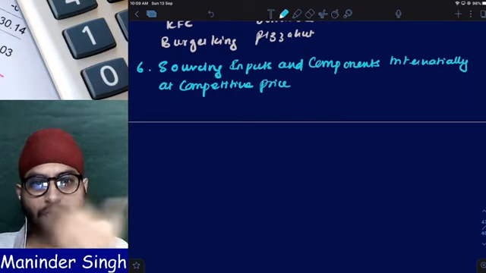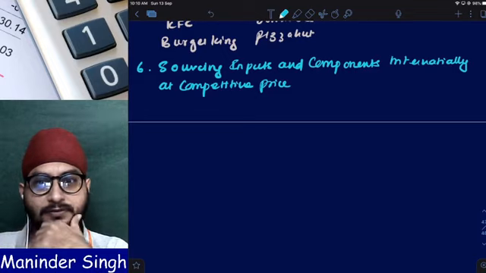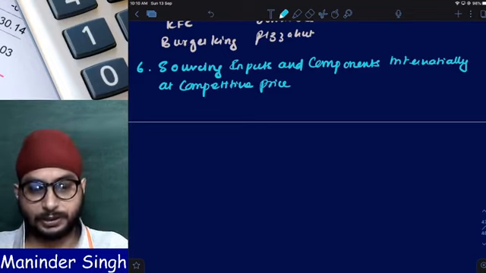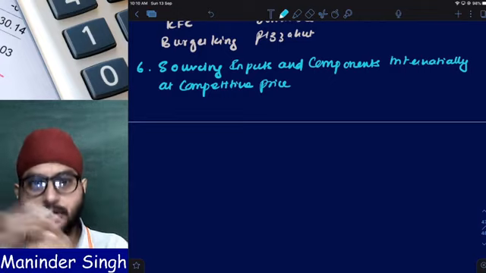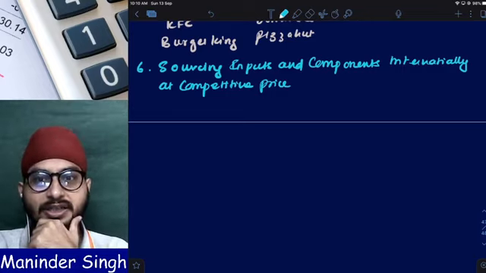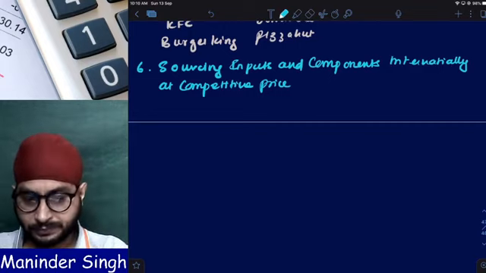Yes, sir. Same features what other companies are providing, Micromax is also providing, but at a competitive price. Why? Because rather than making the components in India at a higher price, it is importing the components from China at a cheap price. This is possible only when international trade is there, right? When international trade is not there, this is practically impossible.